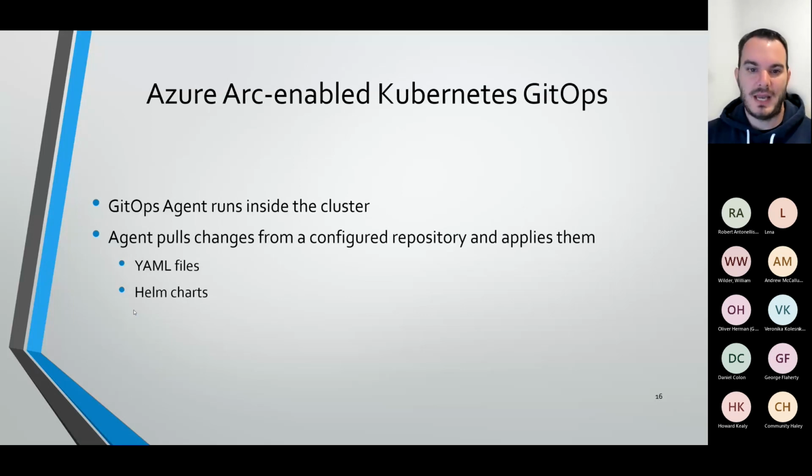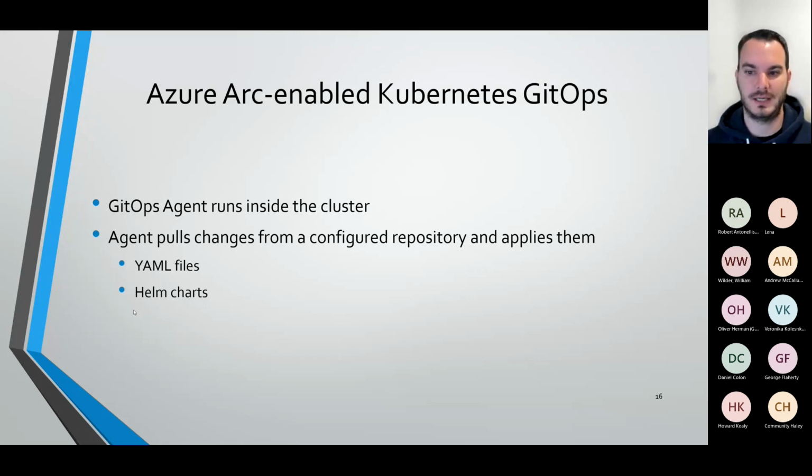Then the next problem we had was the deployment: how to do the deployment without any access to the Kubernetes cluster. For this, Azure Arc has an extension agent on the Kubernetes cluster. For GitOps, there are two big projects. One is Argo CD and the other one is Flux.